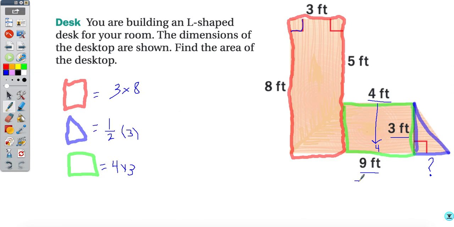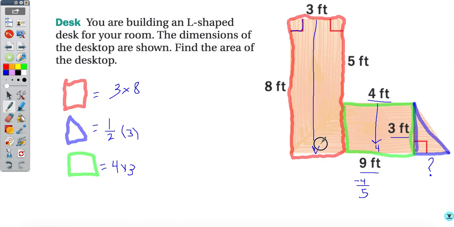So if I do 9 minus 4, that leaves me with 5. And that tells me that between the red rectangle right here and the blue side of the triangle, that's equal to 5. So I have to find out what this red is and take it away from 5 also to find the base of the blue triangle.